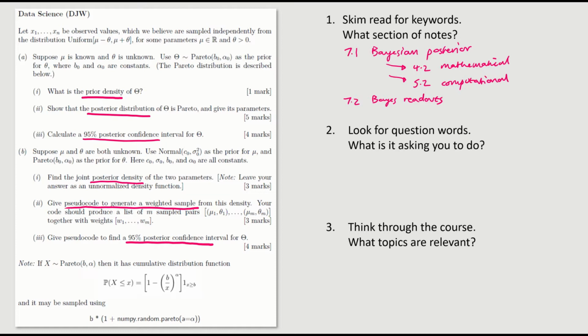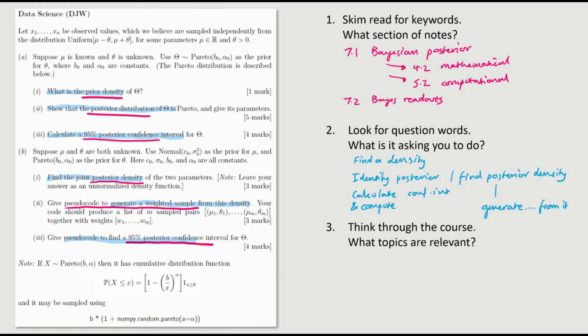Next, look for question words. What is this question asking you to do? Find a density, identify a posterior distribution, calculate a confidence interval, find a posterior density, compute a confidence interval, generate a weighted sample from a density.